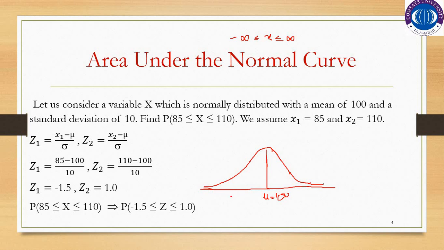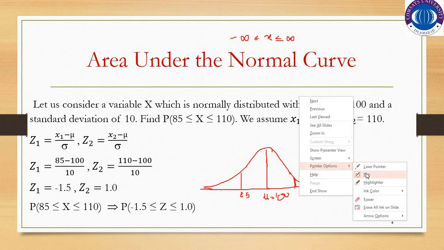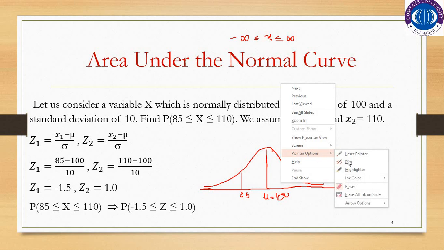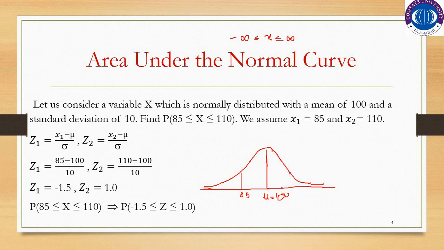Let this be x1, which is 85, and this is x2. Now it is 110, so it should be here.